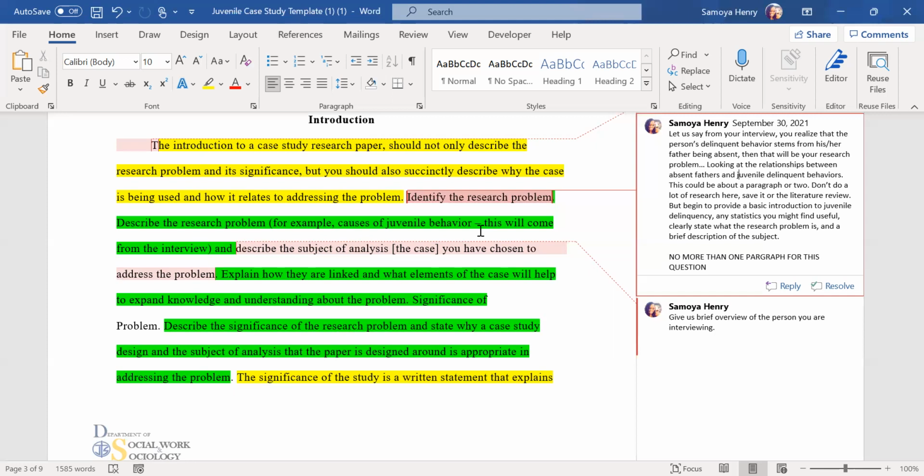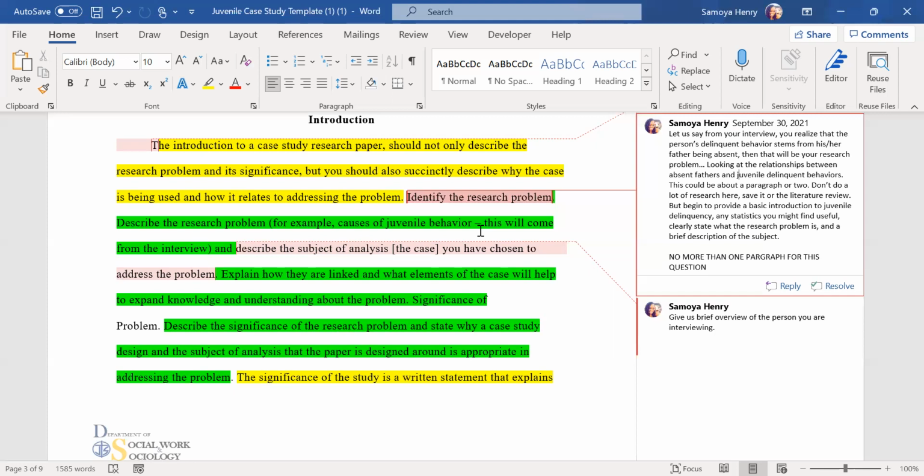Because here is my person who I'm interviewing, who seems to be showing that when fathers are absent, it can contribute to juvenile delinquent behavior. I would really like to explore this more, right? So that is how you identify the research problem. That is going to come from your interview, okay?